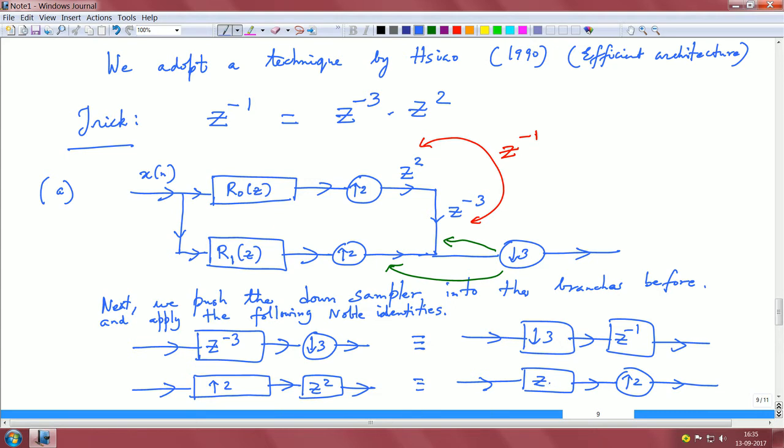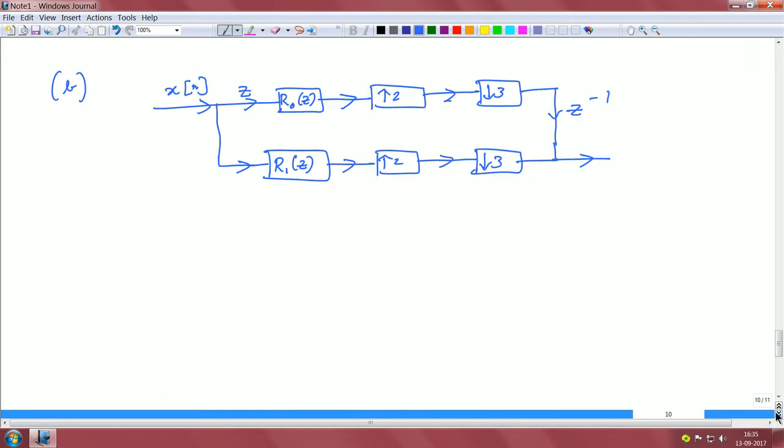You can just exchange the cascade, right. You can say R0 of z times z is basically z times R0 of z, and that is what is happening here. Now this seems to be good. We have done some simplification, but we are not yet there.